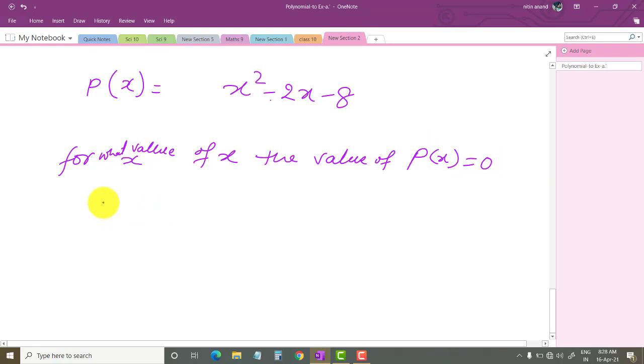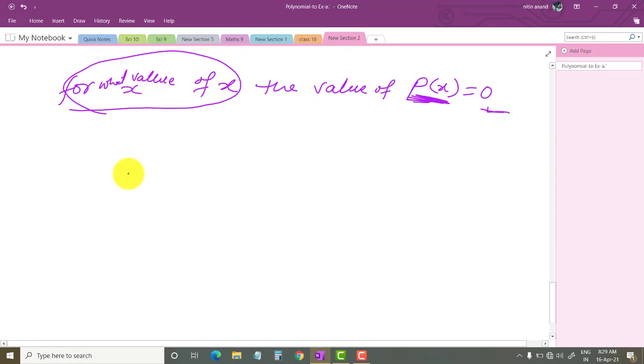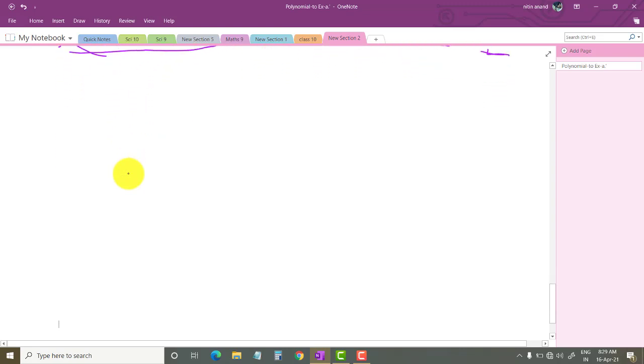For what value of x should the value of our polynomial p(x) be 0? That will be the zero of the polynomial. Now see, the zeros of a polynomial depend on their degree.